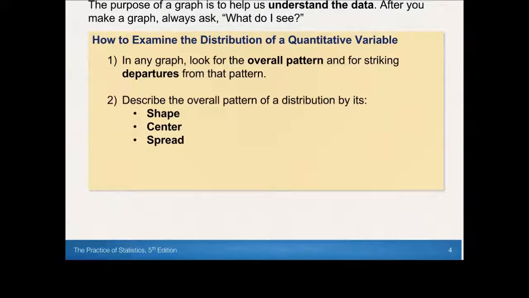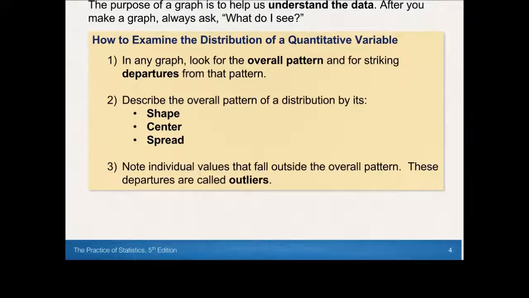The shape is, what general shape does it have? The center is where the center of the data is, and the spread is how the data is spread out. Then we're also going to look at individuals that fall outside the overall pattern. These departures are called outliers.